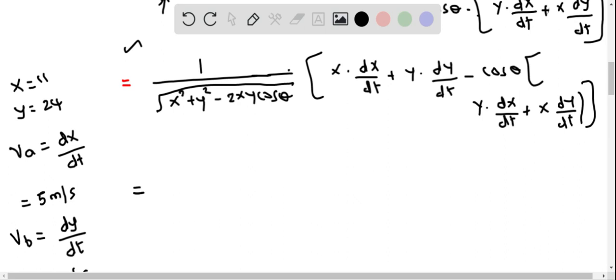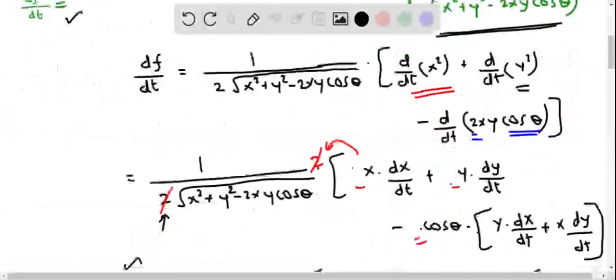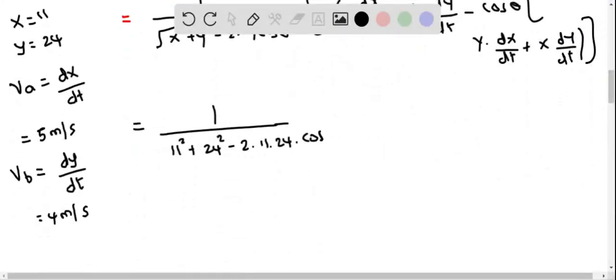So therefore this becomes 1 over x squared is 11 squared plus y squared is 24 squared minus 2 times x is 11 and y is 24, and then cos of, we're also given the value of theta, which is pi over 3. So we put cos of pi over 3.